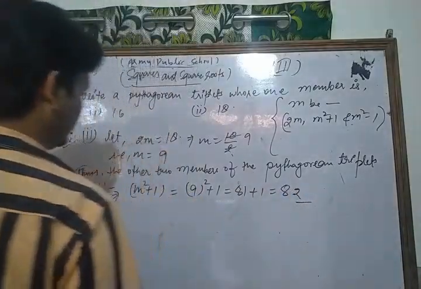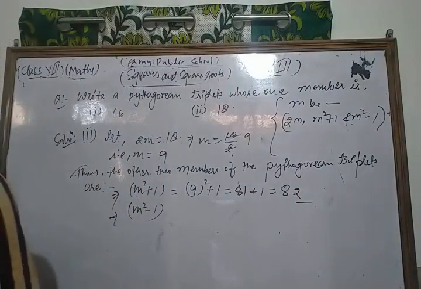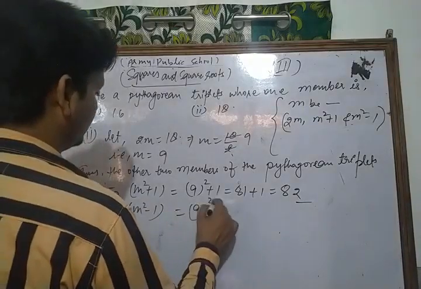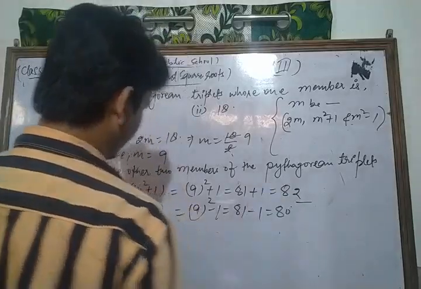This is first, and second one is m square minus 1, so we get 9 square, 81 minus 1, that is 80.